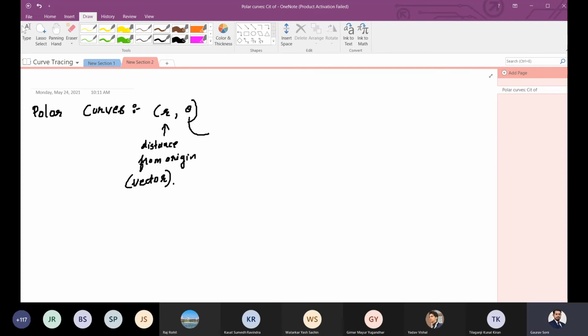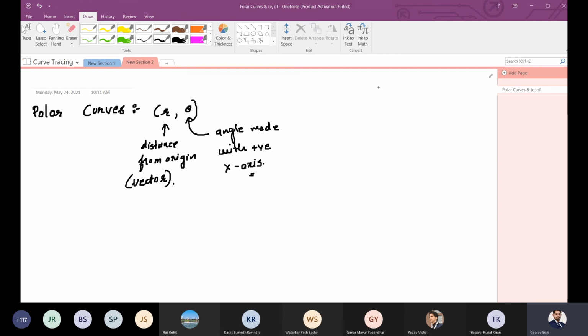And what is theta? It is the angle made with the positive x-axis.